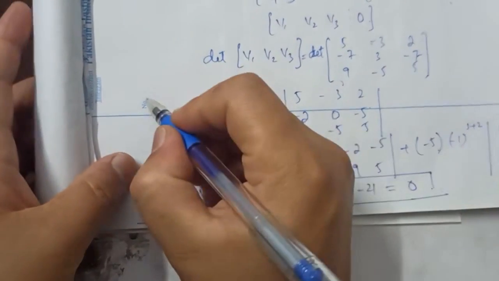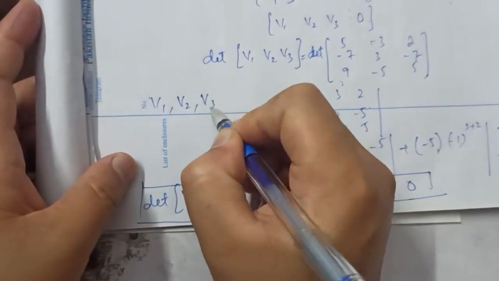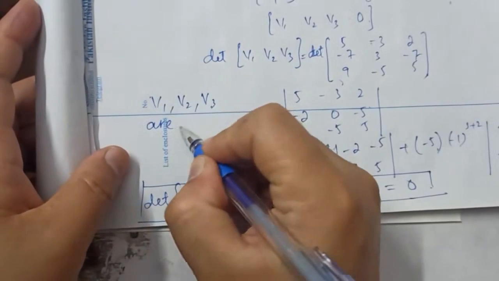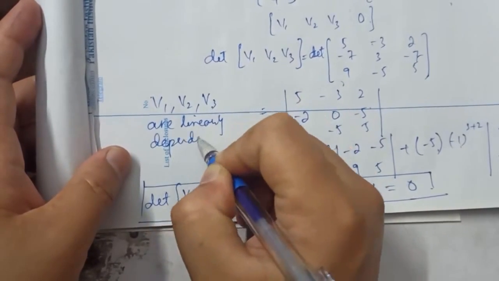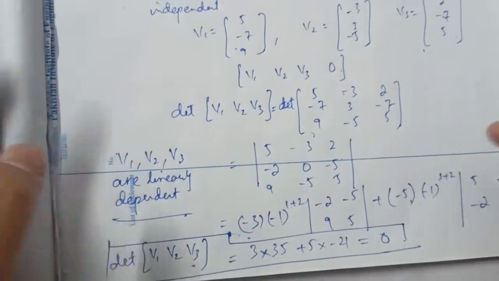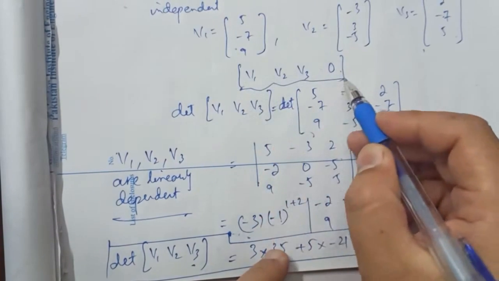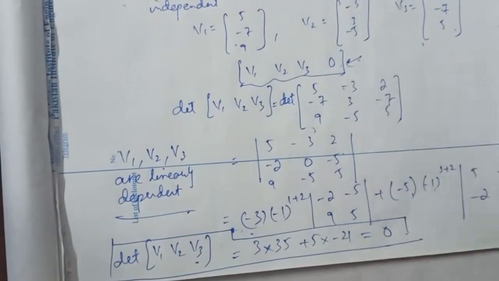We can write that v1, v2 and v3 are linearly dependent, and we can show that as well by using the classical operations of row elimination.